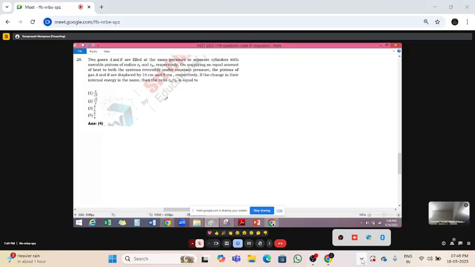Movable pistons of radius RA and RB, same pressure, and supplying an equal amount of heat to both the systems. So that means you have something like this, and this is RA, and that's a piston. You are giving some heat here, which is Q, and that is same in the next case also.